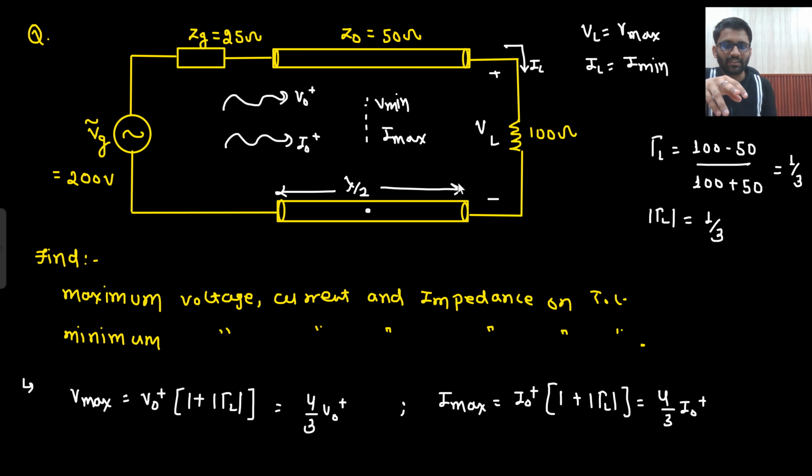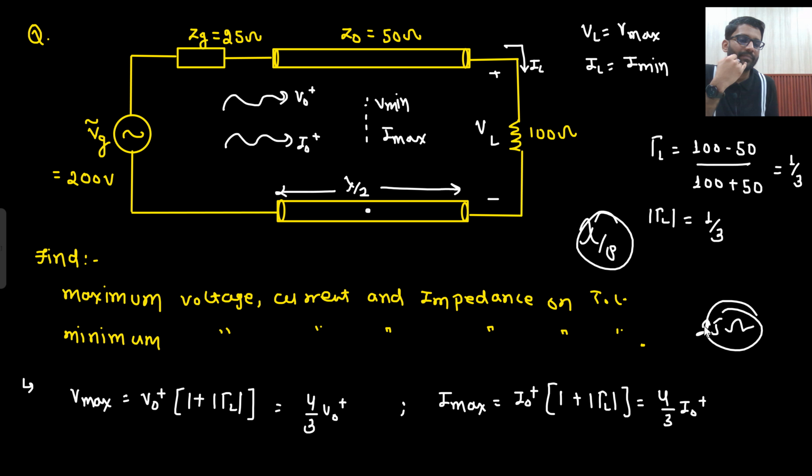Now let us say if this length was mentioned as lambda by 8, and I would be asking you what is the minimum impedance on the transmission line, what would you be telling? Will your answer be 25 ohm?